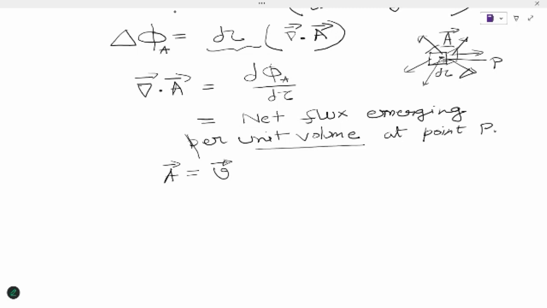We have, let's suppose, a fluid here moving along the x direction, and we consider an elementary volume d tau associated with it a fluid velocity v.